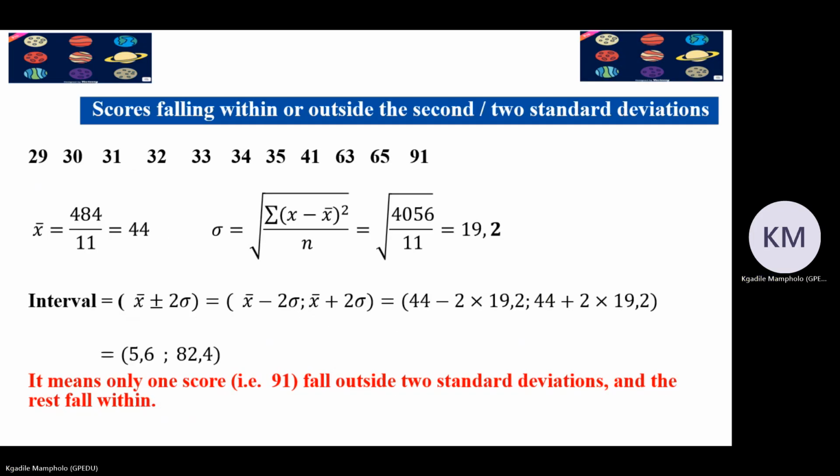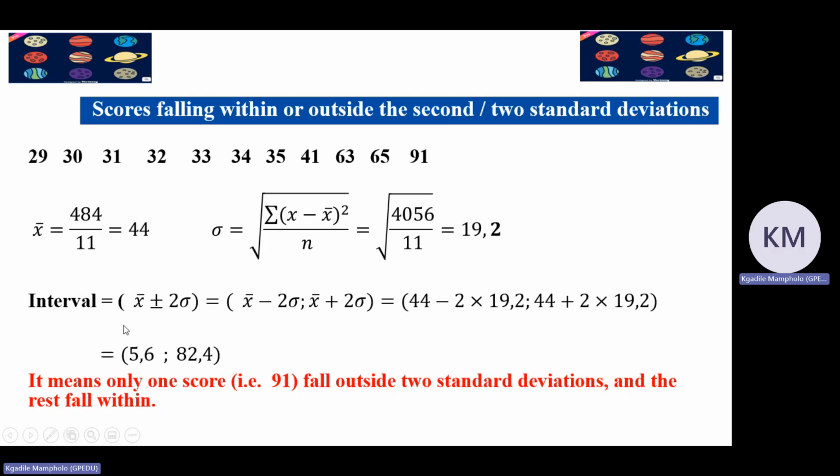Now, if you want to determine the number of learners who perform within or outside the second or 2 standard deviations, we do the same thing, with the lower limit and the upper limit. The difference is that now we say 2 times the standard deviation. So we say 2 times 19,2, and then here we say 2 times 19,2.